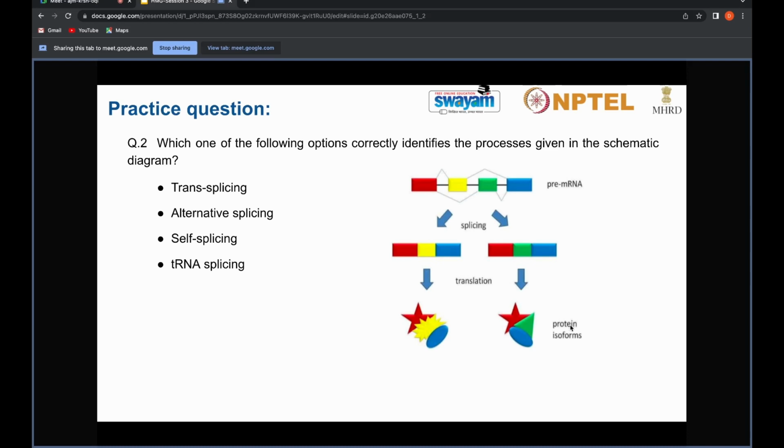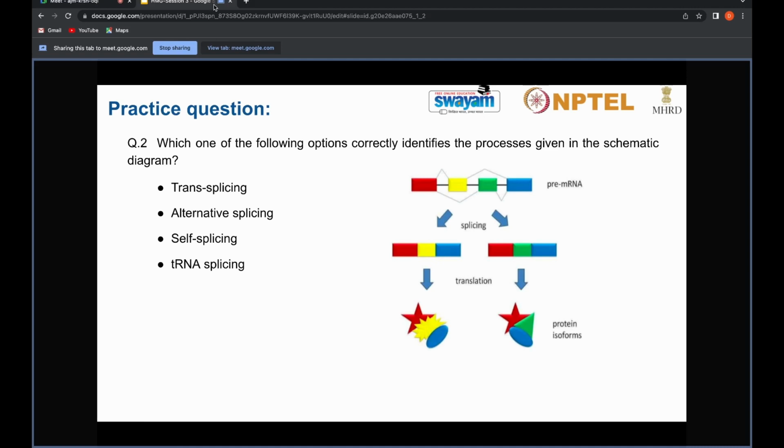So when do you observe protein isoforms? Splicing is a normal procedure that always happens to the pre-mRNA and converts it to mature RNA. But what you have to see here is the two transcripts that are formed. That is the specific feature of this type of splicing. I hope you have an idea about this kind of splicing. So these are the options.